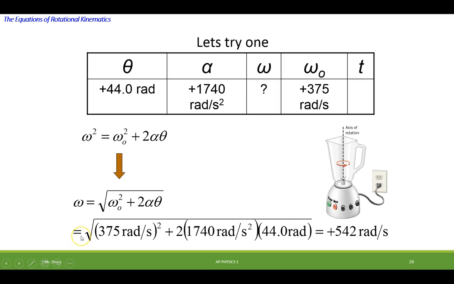It's really important to note that all these variables have to be in radians. Displacement needs to be in radians, omega, angular speed, needs to be in radians per second, and angular acceleration needs to be in radians per second squared. You can't use degrees or revolutions and get the correct answers utilizing these equations.